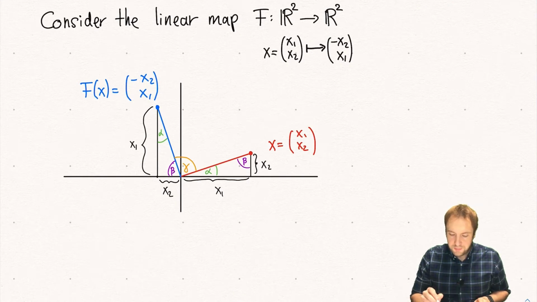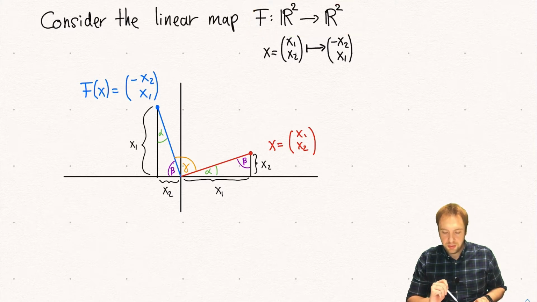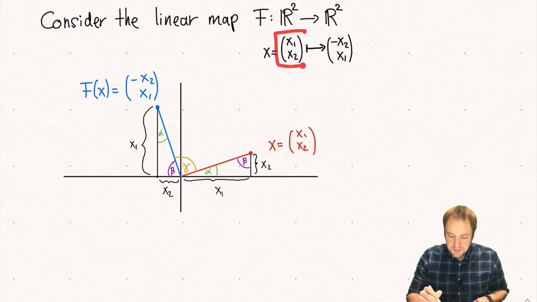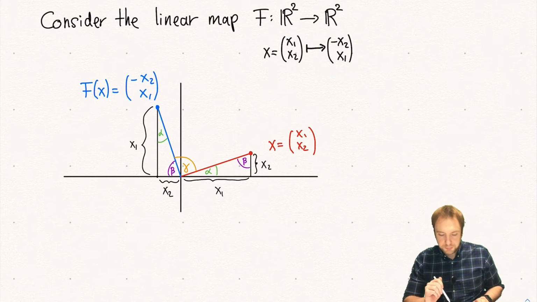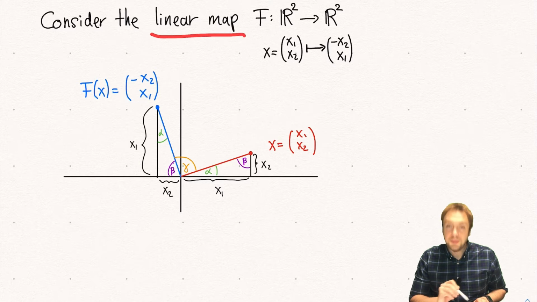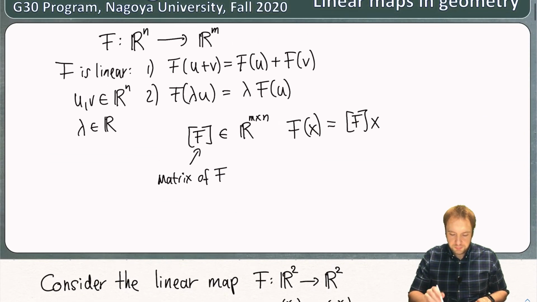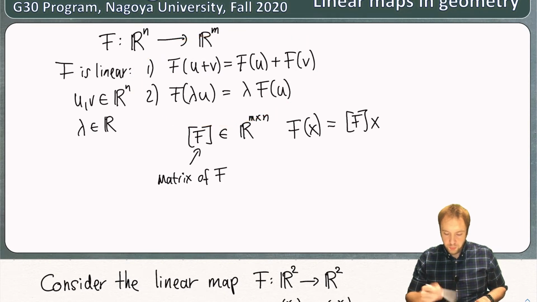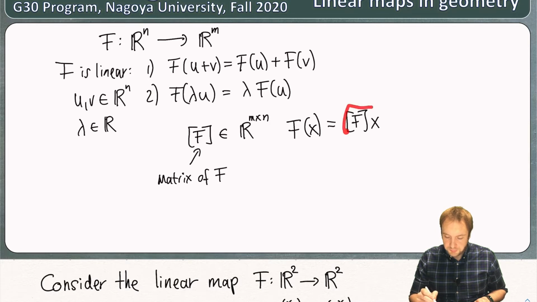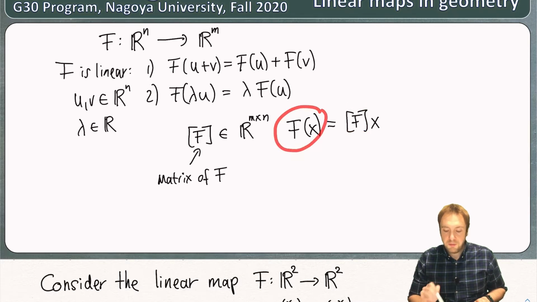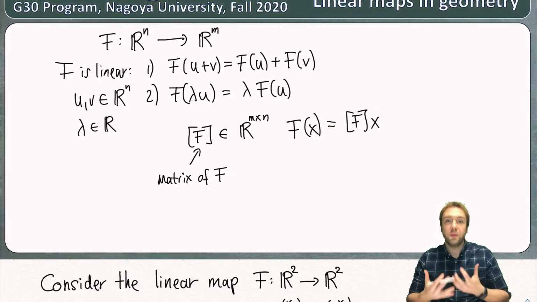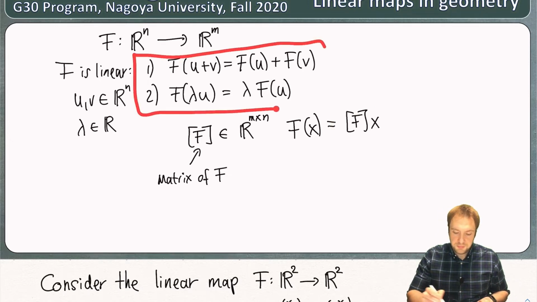We consider first this linear map. We have a function from R2 to R2, and it sends this vector x1, x2 to this vector here, minus x2, x1. And the first statement is that this is a linear map. And how do we check this? Well, we could check these two conditions here. Or what we also learned last time is we could show that there exists a matrix such that the value of f of x is given by multiplying with this matrix, and then you show that multiplying with the matrix satisfies these two conditions.